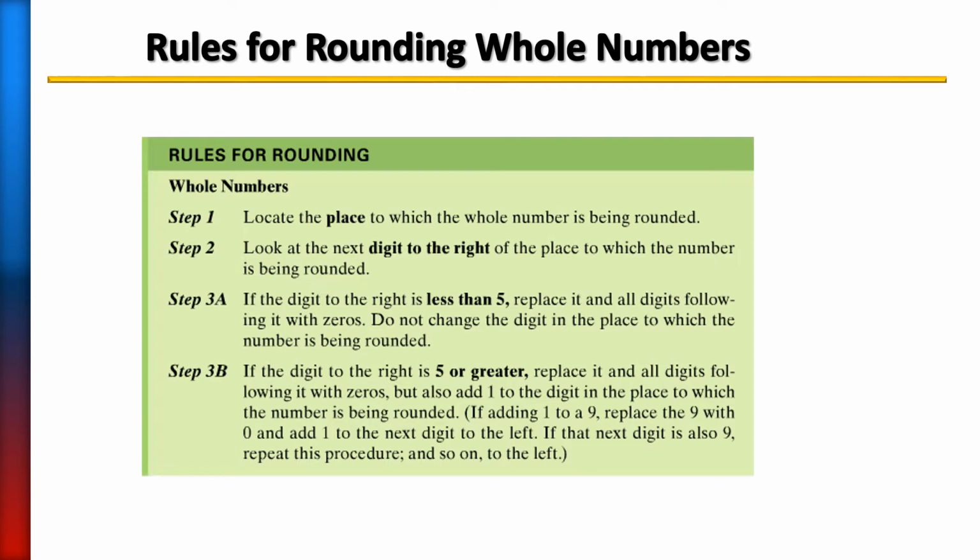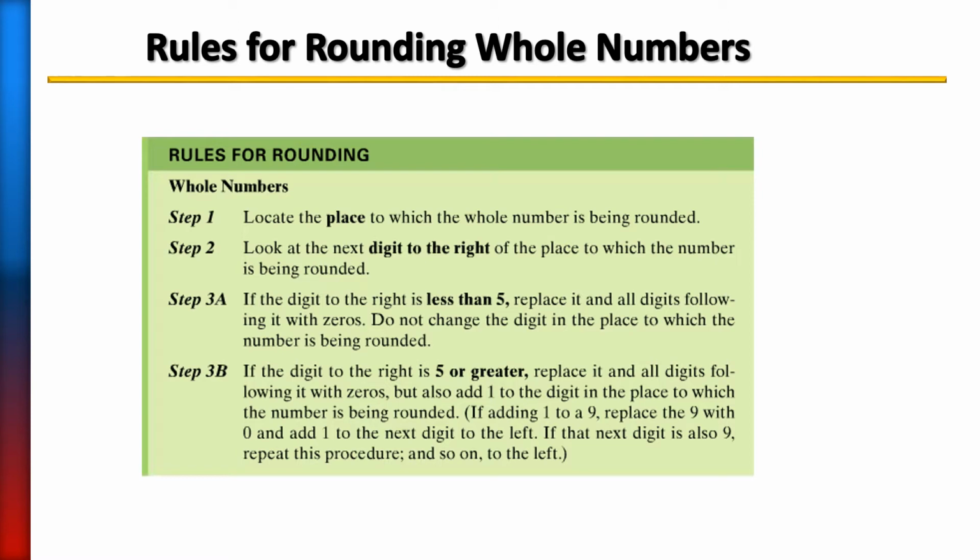Now, if that number to the right of the digit being rounded is 5 or greater, then you replace it and all the digits following it with zeros, but you're also going to add one to the digit in the place to which the number is being rounded.